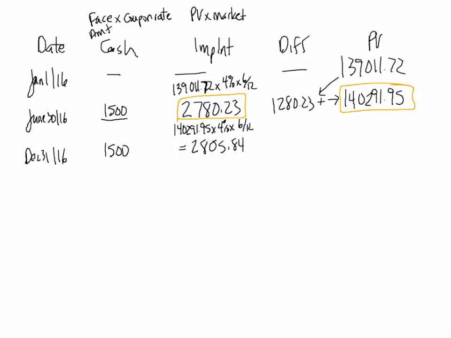All right, so now I'm going to take the $2,805.84. I'm going to subtract the $1,500 to get the difference, which is $1,305.84. So again, I'm going to add it in here, and that's going to increase my present value. So that's plus 140,291.95.